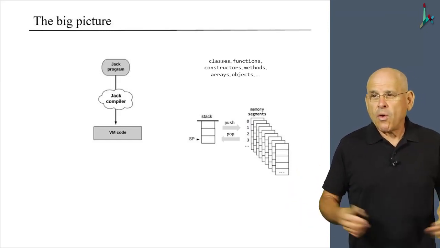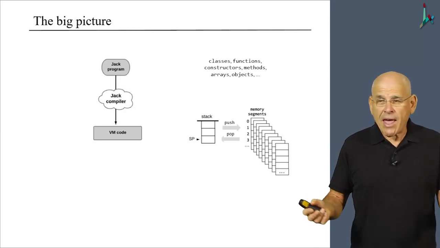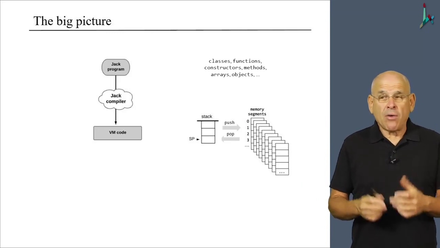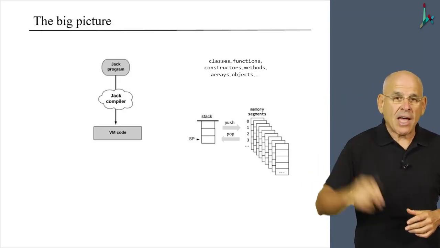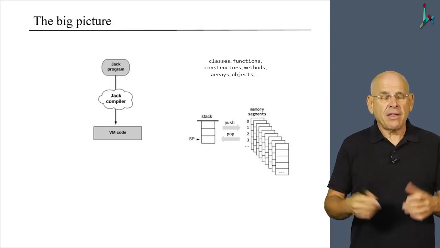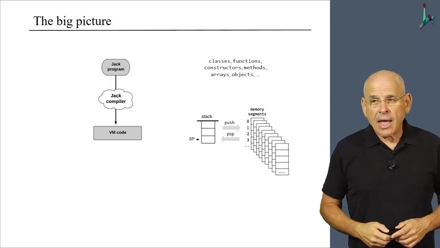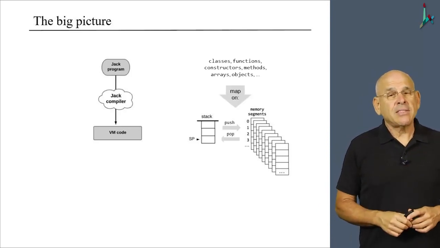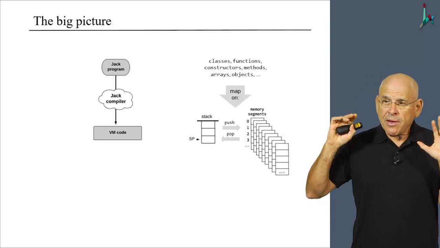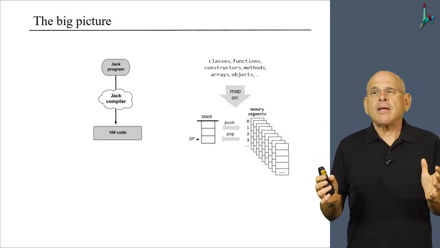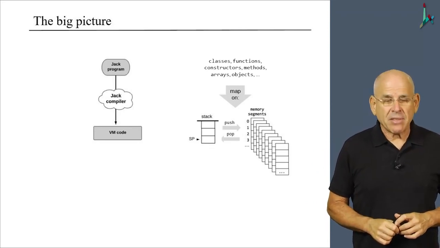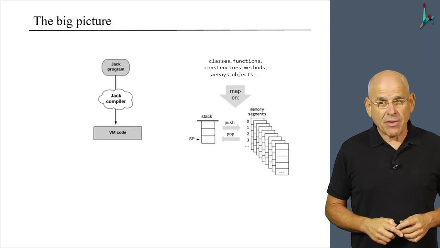We don't know what a constructor is. All we have is stack and virtual segments. And we somehow have to map every one of these high-level constructs, every one of these abstractions, onto the reality of the virtual machine. How to do it is something that we discussed throughout this module, but now I want to recap and put together all the rules that we have to follow when we create those mappings from the high level to the VM level.